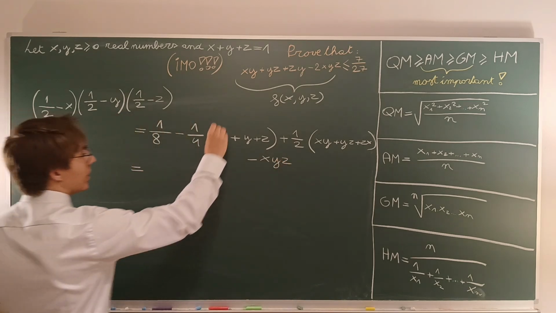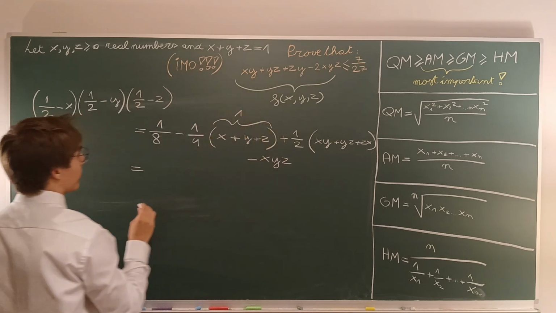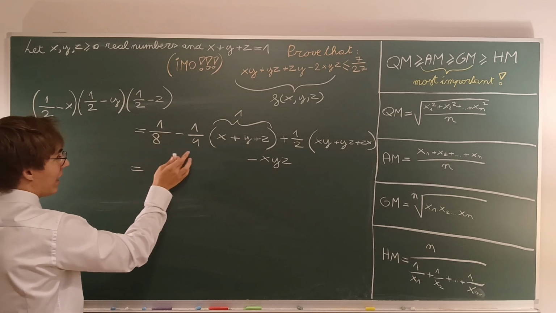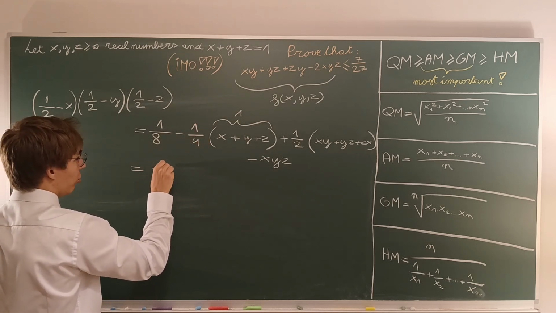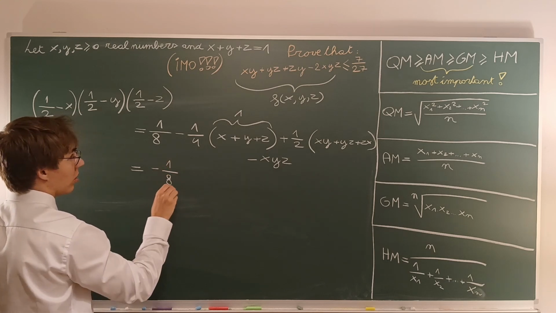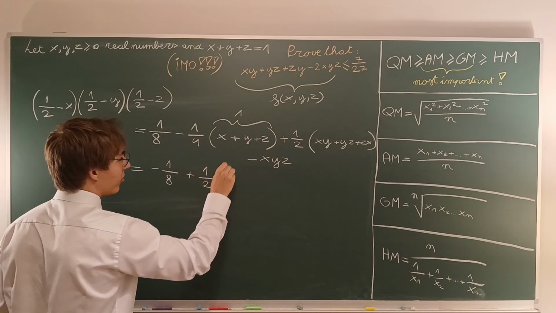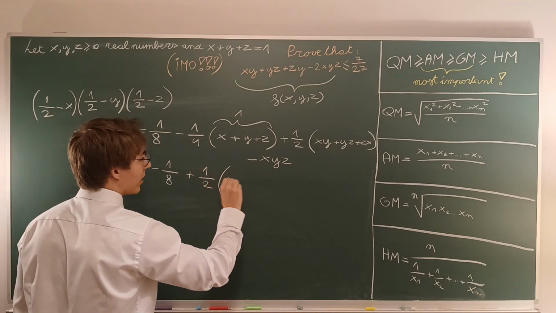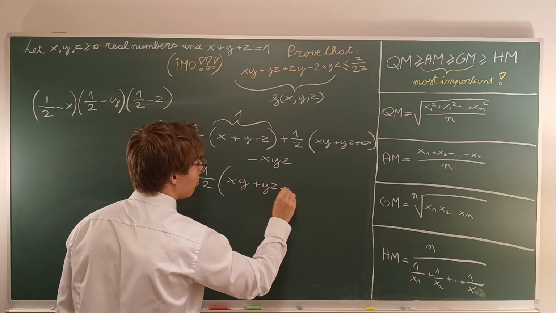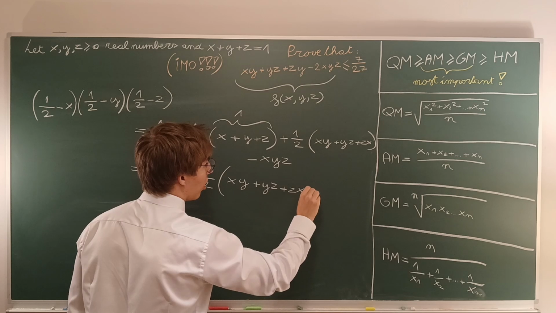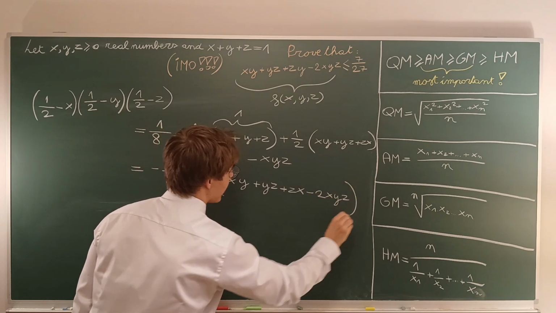But now we can use that x plus y plus z is given to be 1. So this will be 1 over 8 minus 1 over 4, which is minus 1 over 8, plus, and I will write 1/2 times xy plus yz plus zx minus 2xyz.